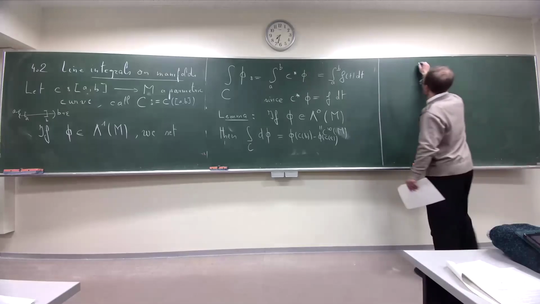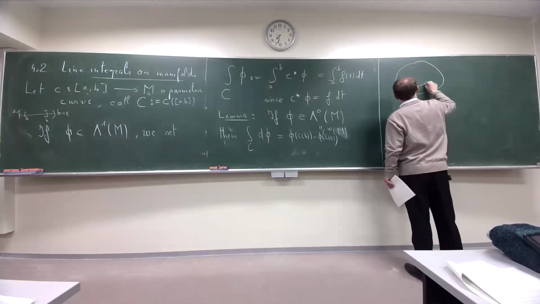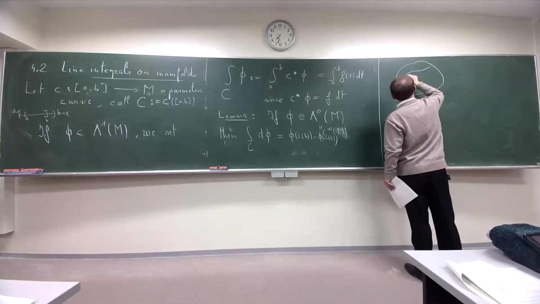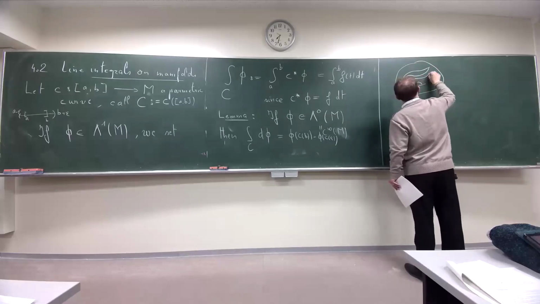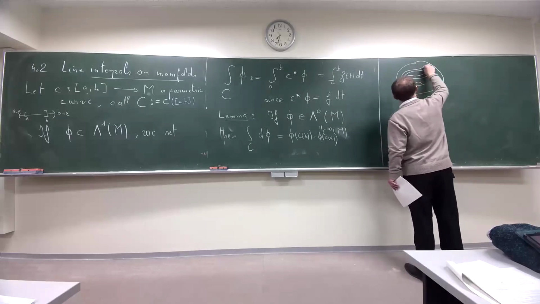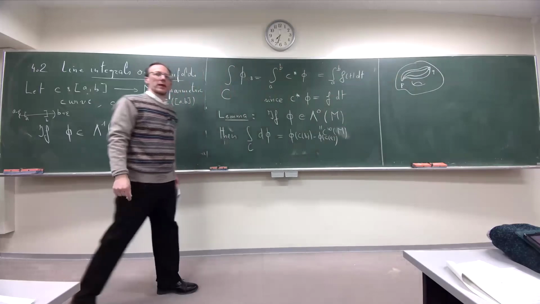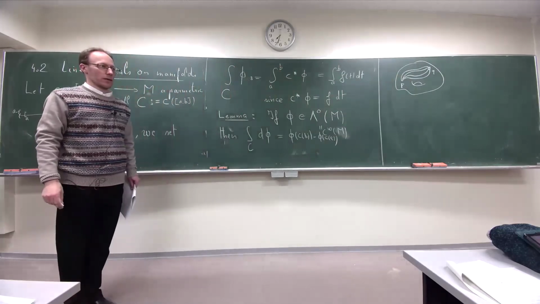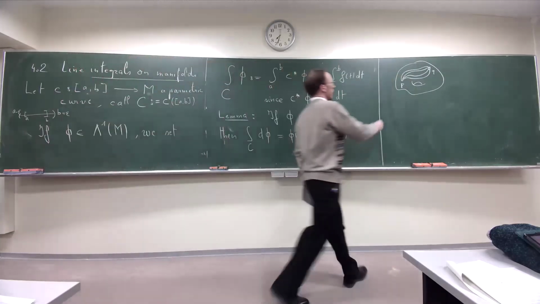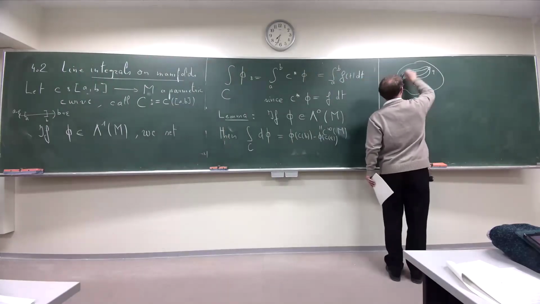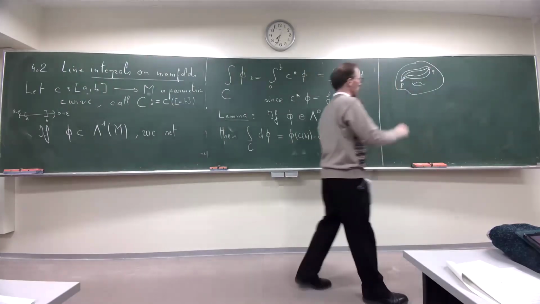And now I want to do something slightly different. I want to consider a family of curves which start at P, finish at Q, and they are smooth. And I can transform continuously one into the other one. So how can I describe these different paths from P to Q?